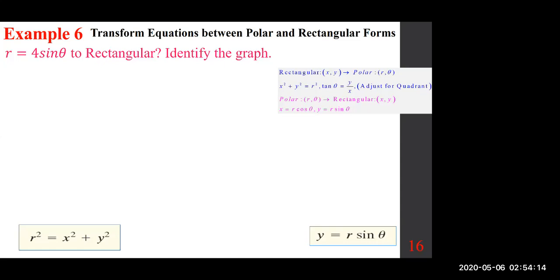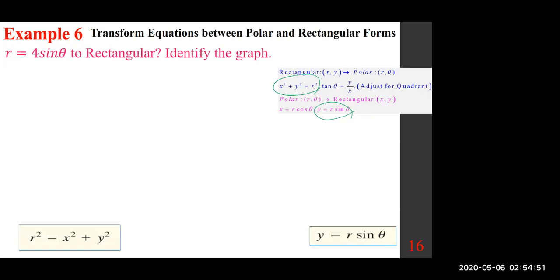Anytime you have a case like this, the trick is simple. You all know that if you multiply by r, since r squared is x squared plus y squared, the left side will become obvious. And the right side, look at this one. We know that y equals r sine theta and x is r cosine theta.